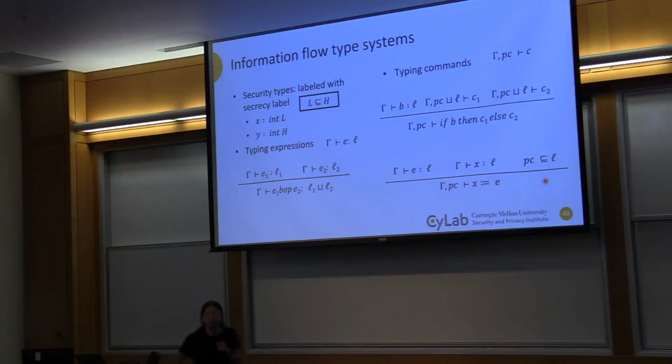From an implementation perspective, PC is in the conclusion of the second rule. How would you infer what PC is? Because you can't look at E or X. It's about the direction of this type checking. Gamma and PC are given. You always start checking your program in a low context. When you run your program, there's no secret yet.